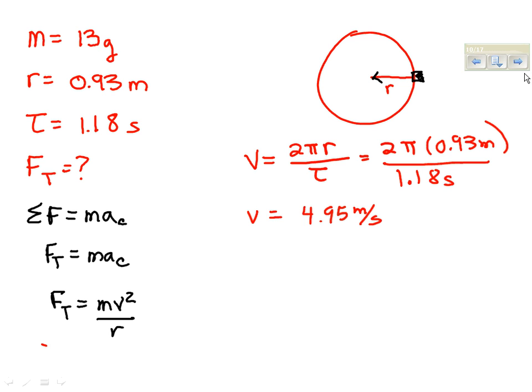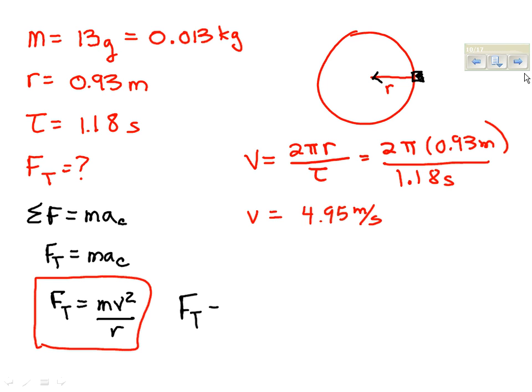Now, before I can use my equation that says the force of tension is equal to mv squared over r, I need to change my mass to kilograms. You need to divide by 1,000 to get to kilograms. So now, let's put in our numbers to calculate our force. We have 0.13 kilograms.